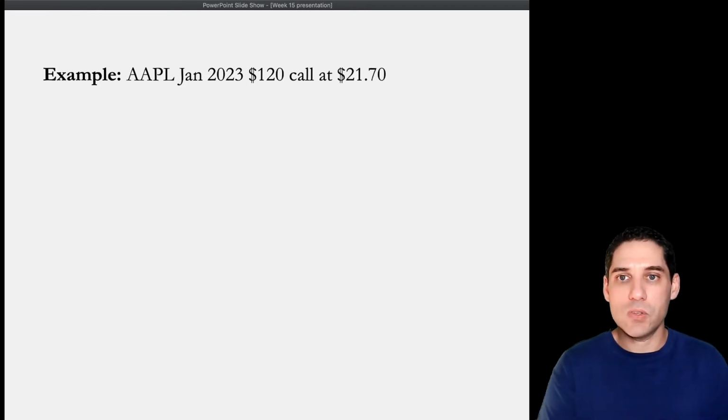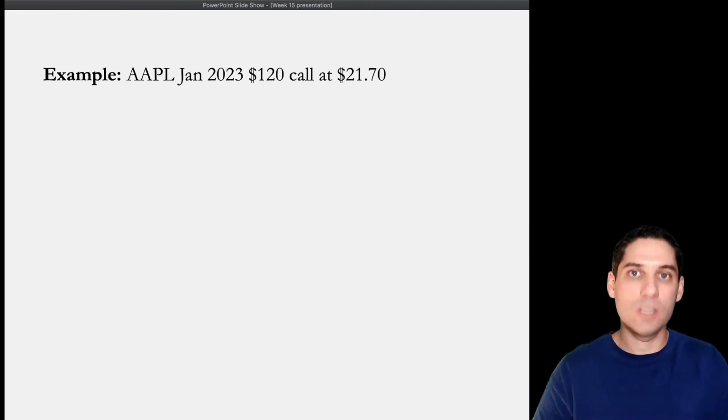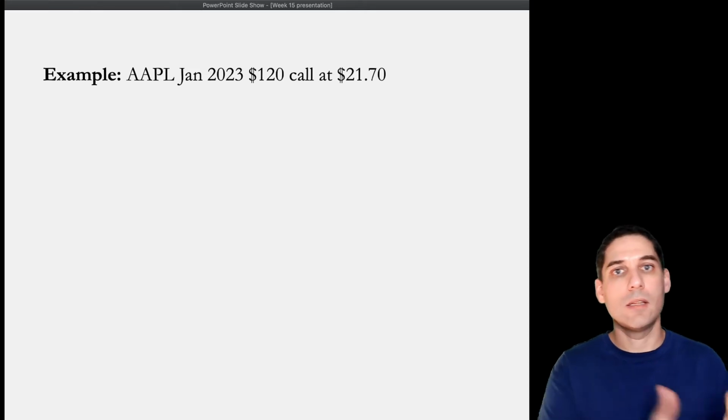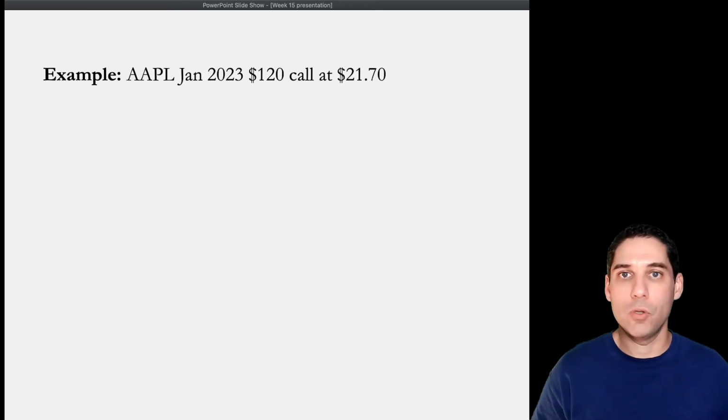But what this means is this option will expire by the third Saturday of January 2023. And that means the last day you can trade this, buy it or sell it, will be the Friday before, the day before that Saturday. So the third Friday of the month is the last day when you can trade these before you have to make a decision whether to exercise it or not.